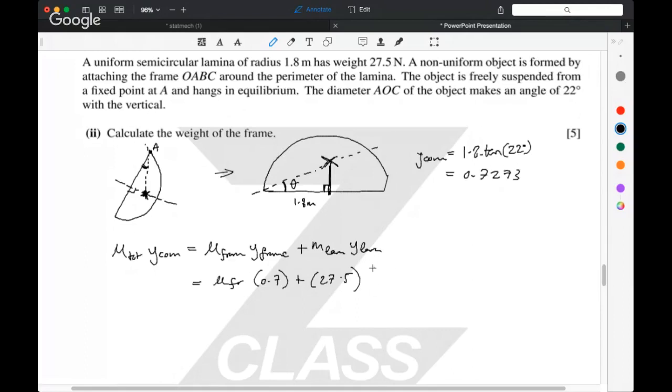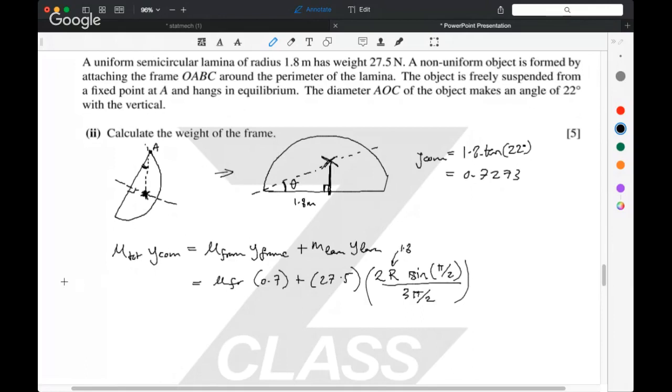And the formula booklet will again give you the equation for the distance from the center of mass of a lamina. That gives us 2r sine of pi over 2, over 3 pi over 2, that is 3 alpha, where r is 1.8.